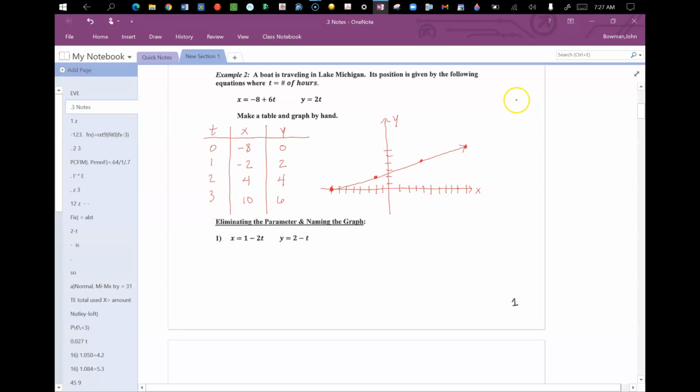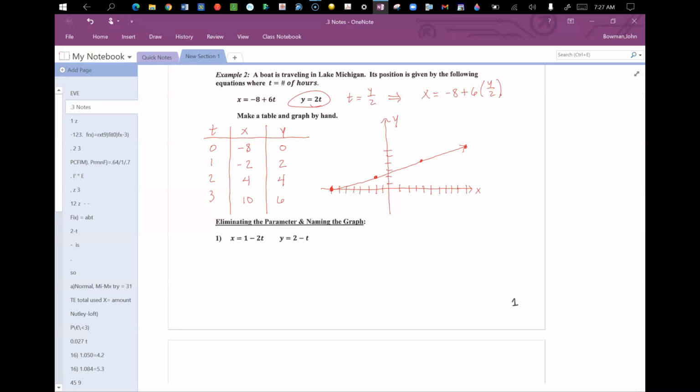So in this example, I would pick the y equation and solve for t, and if you solve this equation for t, you get t is equal to y divided by 2. And then you would substitute that into the other equation, so x is equal to -8 plus 6 times y divided by 2, and you have eliminated the parameter.